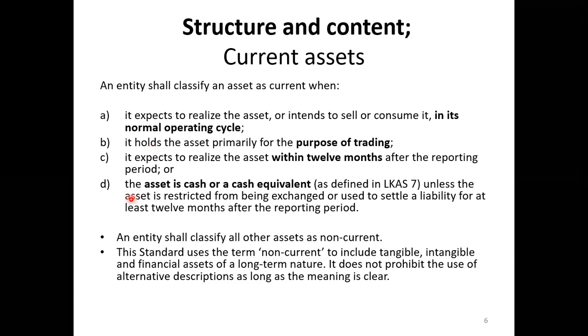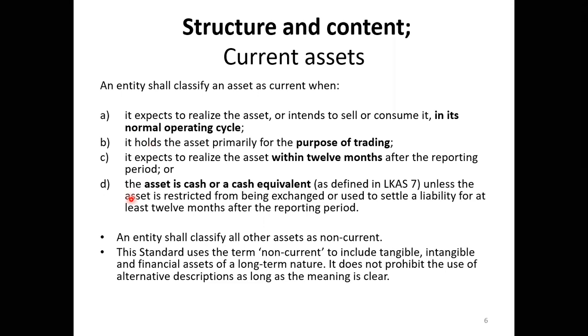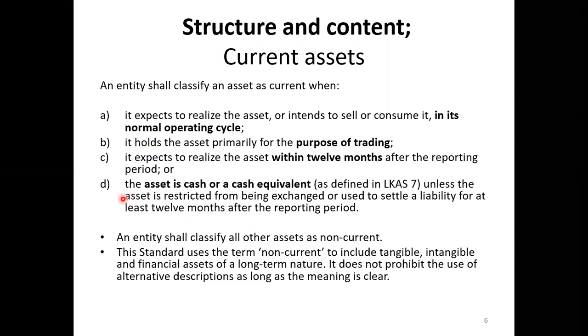The asset is cash or cash equivalent as defined in LK 7, that is the cash flow statement, unless the asset is restricted from being exchanged or used to settle a liability for at least 12 months after the reporting period. So cash or cash equivalent.